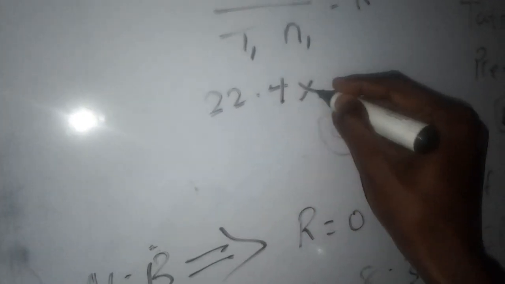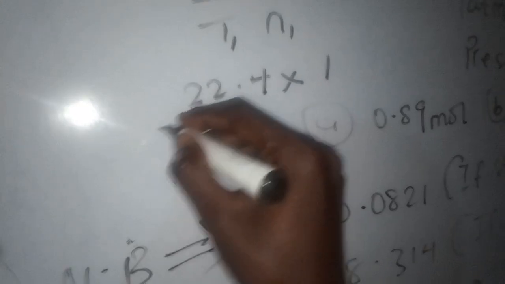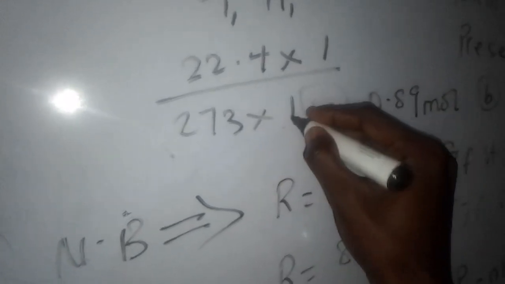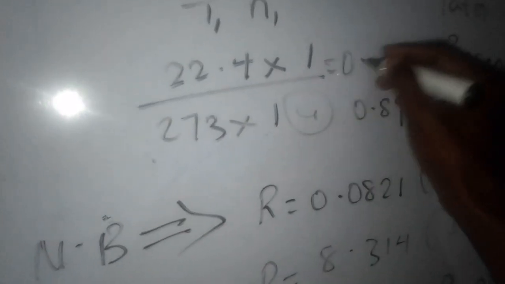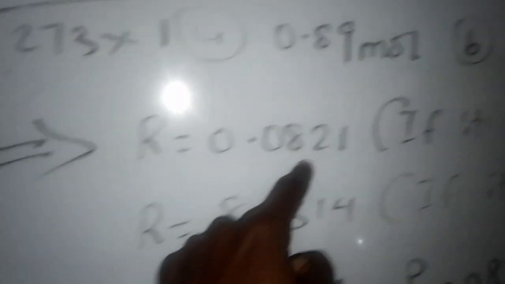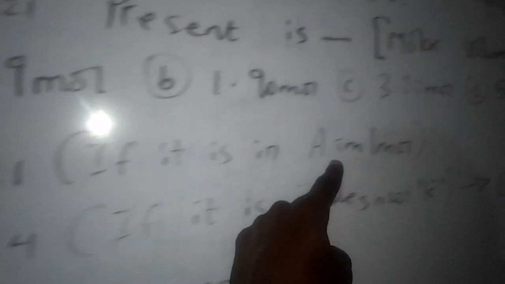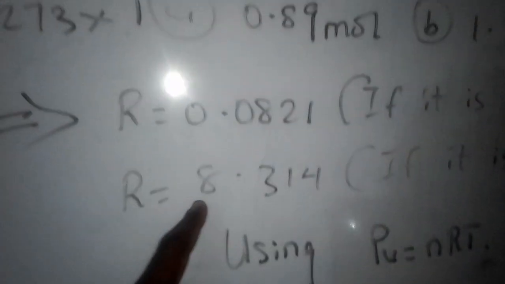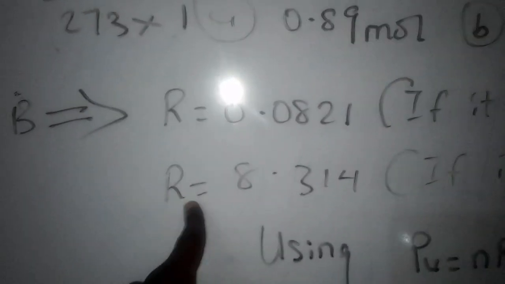V1 for 1 molar volume of gas, 22.4, times 1 atmospheric pressure, over your temperature, 273, times 1 mole, gives you 0.0821. So that is how they got this R. We call it the gas constant if it is in atm per mole. R is also 8.314 if it is in joules.